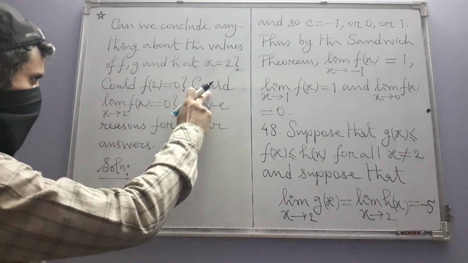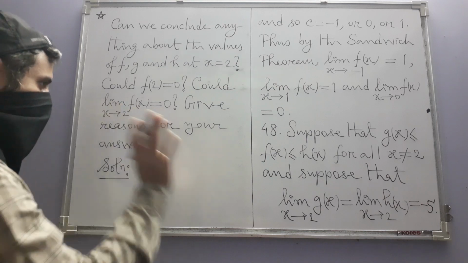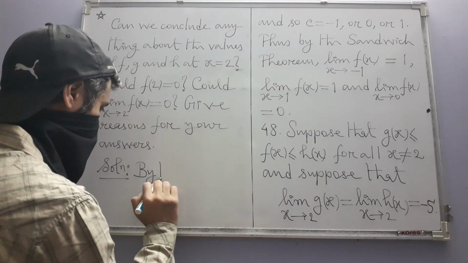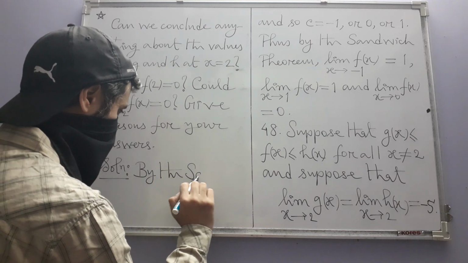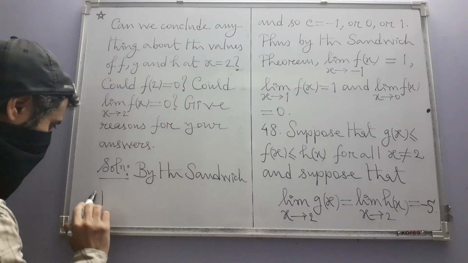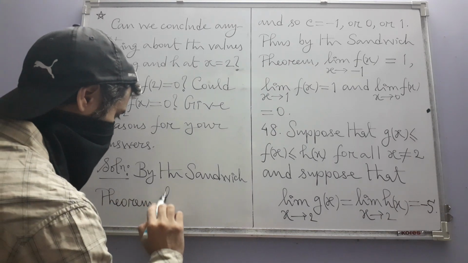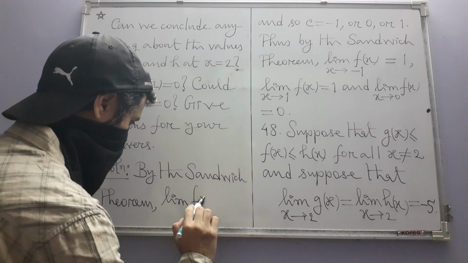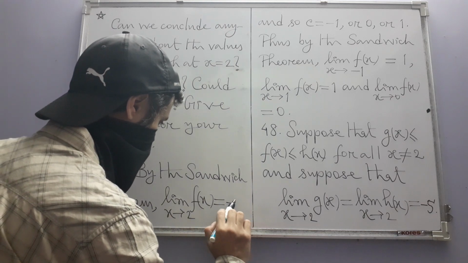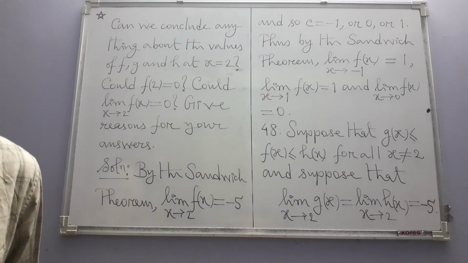So that will immediately answer this part, that it cannot be 0. By the sandwich theorem, this limit is equal to minus 5, and let's also mention that this is not equal to 0.